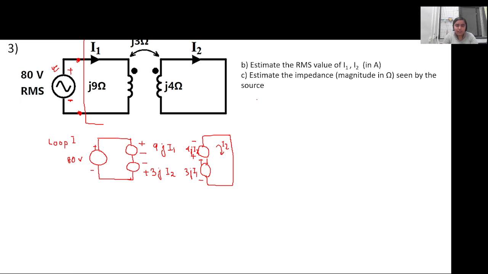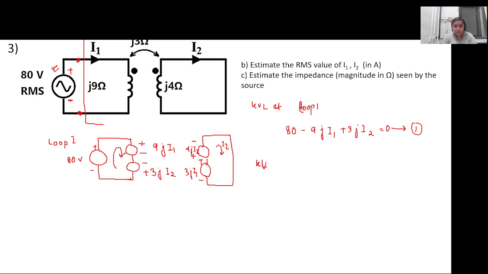So KVL at loop 1: if we move along this direction, it is 80 minus 9j I1 plus 3j I2 equal to 0. This is the first equation.